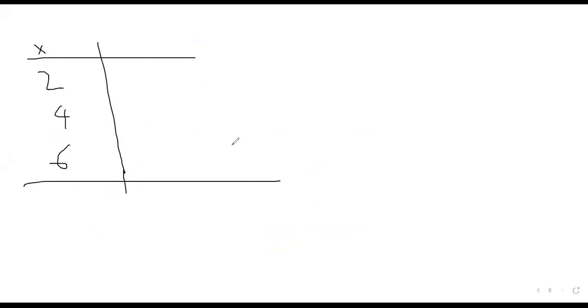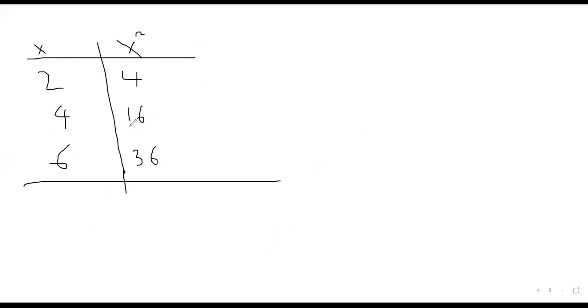So if you have numbers like values of x, we have 2, 4, 6. You can square them. What is 2 times 2? 4. 4 times 4, 16. 6 times 6, 36.